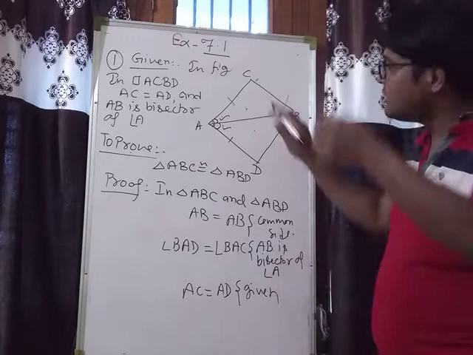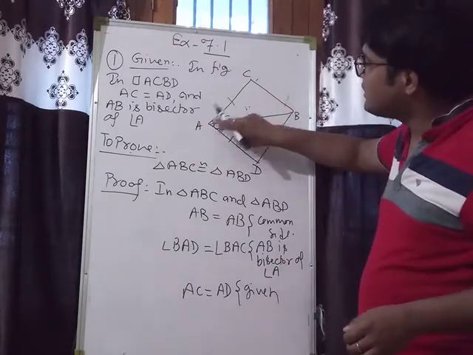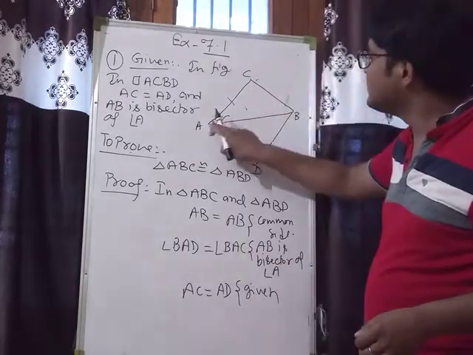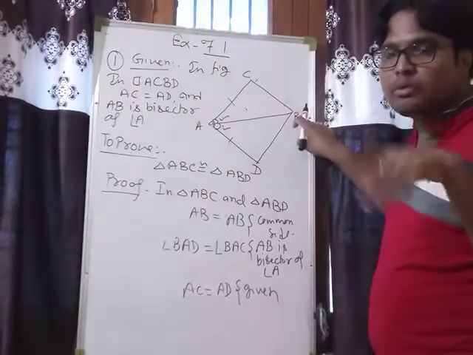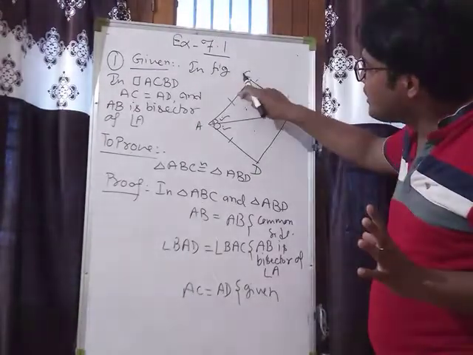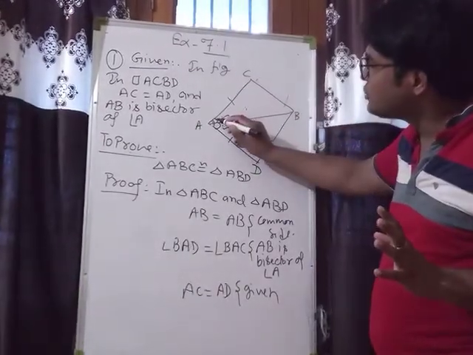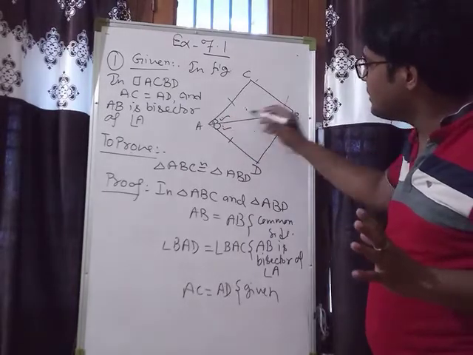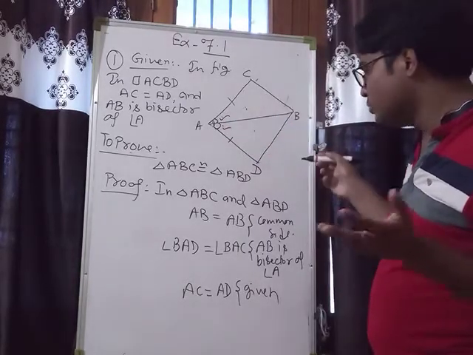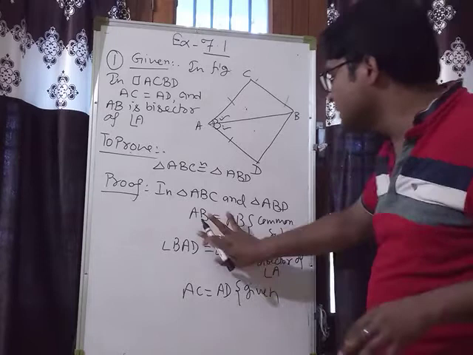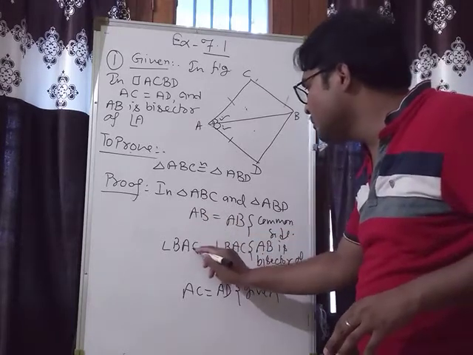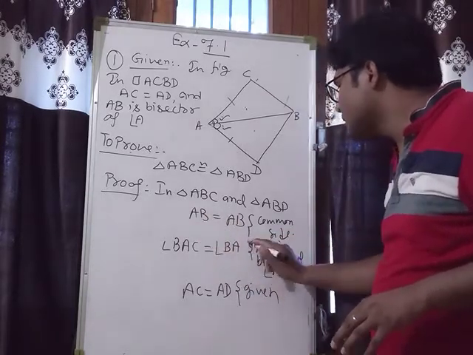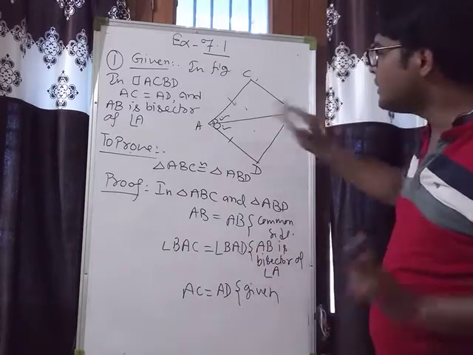Clearly in these two triangles, this side AC and this side AB are equal to their corresponding sides, and the angle included between these two sides, that is BAC here and BAD here, are equal.